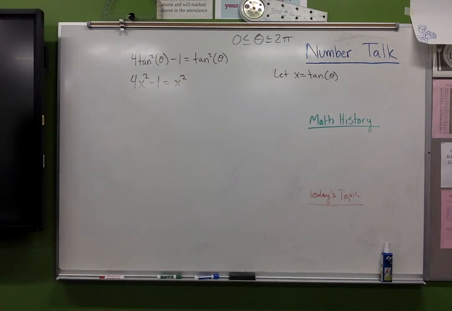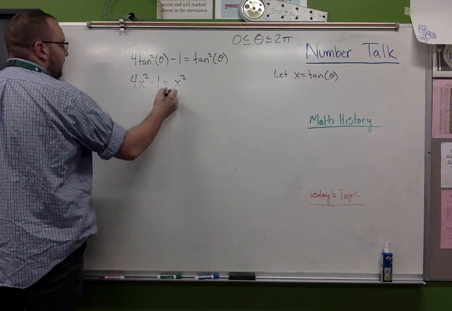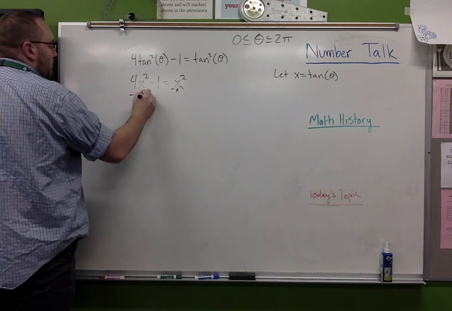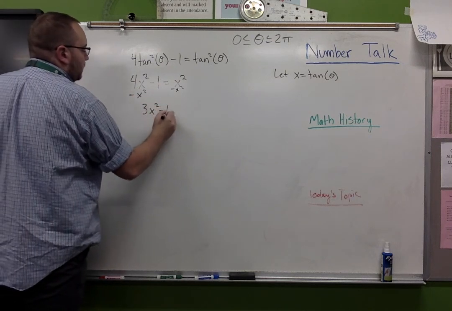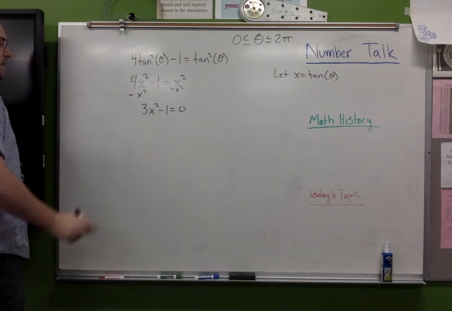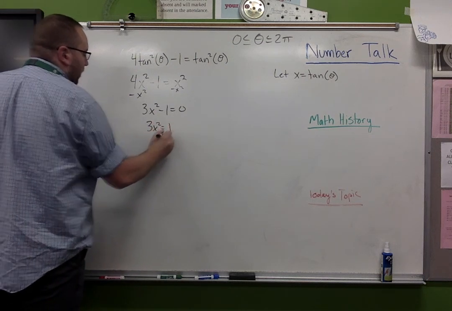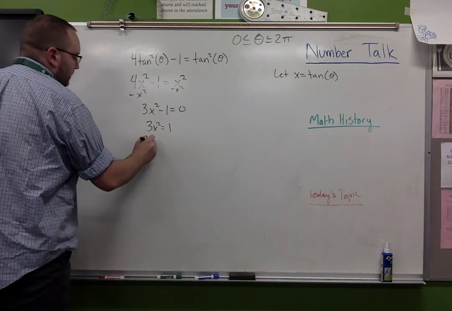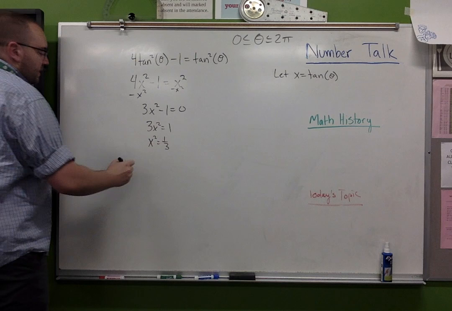When we factor, everything on one side, 0 on the other. So I'm going to subtract x squared from both sides. So 4 minus 1 is 3. 3x squared minus 1 equals 0. Add 1 to both sides. 3x squared equals 1. Divide by 3 both sides. X squared equals 1/3. Square root both sides.